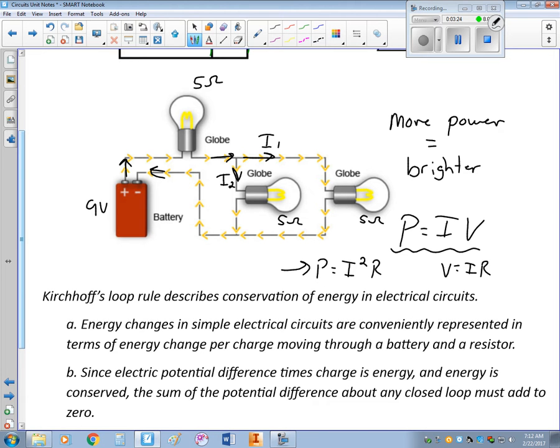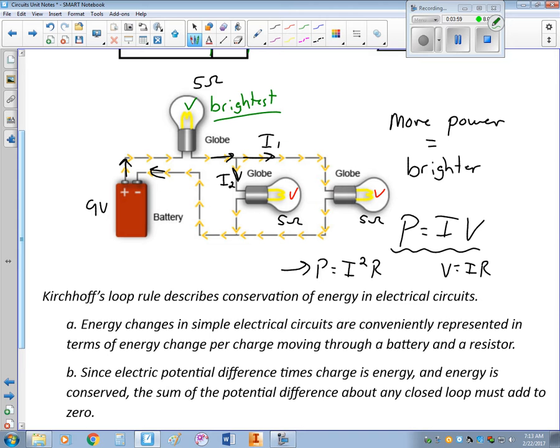So these two bulbs here that are parallel each get less current than this first bulb. So that first bulb, since it gets the largest current, should be brightest, because power equals current squared times resistance.